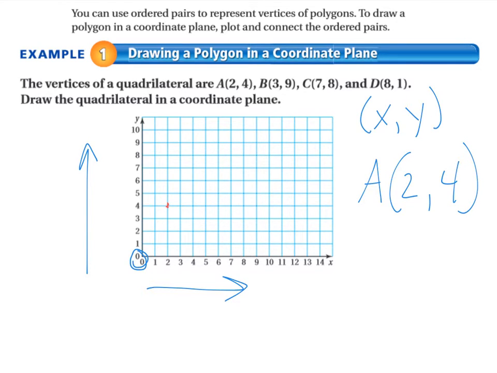B, 3, 9. That means I start at the origin, and I'm going to go across 3. Here I can use a pointer. There we go. I'm going to go across 3 and up 9 right there.